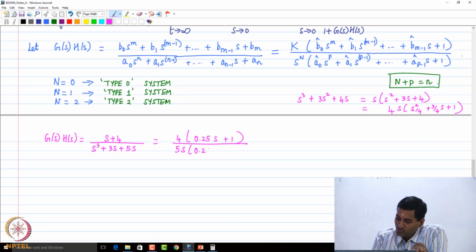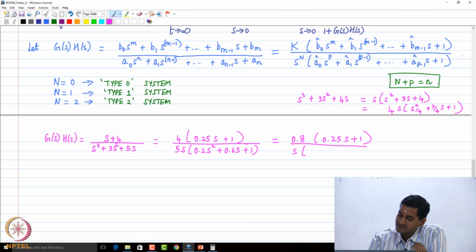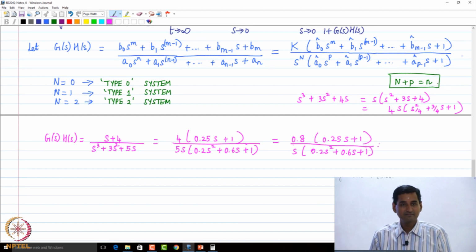I get 0.2 s squared plus 3 by 5, which is 0.6 s, plus 1. So I have 0.8 times 0.25 s plus 1 divided by s times 0.2 s squared plus 0.6 s plus 1. That's how I read this polynomial.